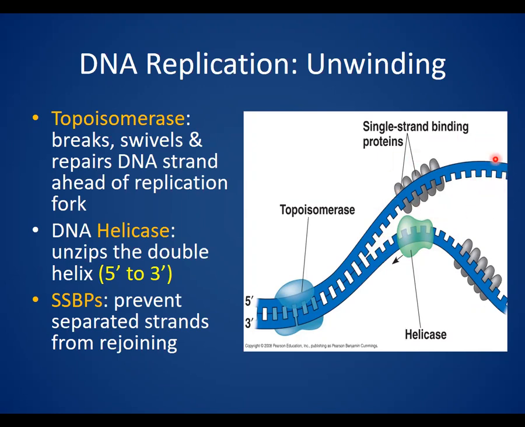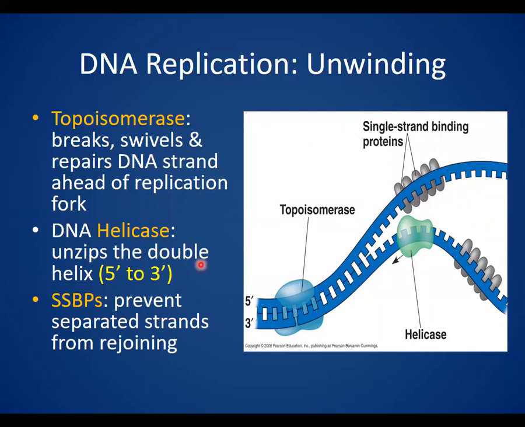Once the DNA is single-stranded, it has a very strong propensity to come back together because its pair is only a few millionths of a meter away. So there are all these proteins called single-strand binding proteins that stick to the single-stranded DNA and keep it single-stranded until it can be replicated. This one replicated this way. This one replicated this way.